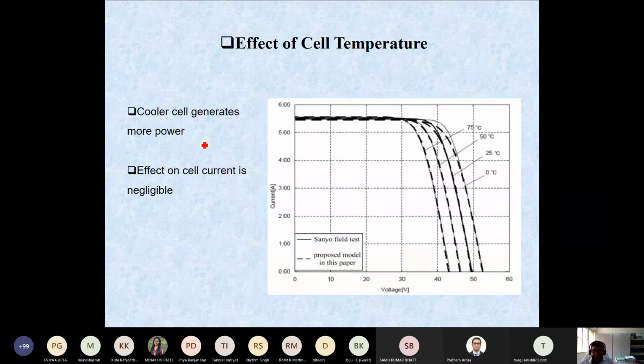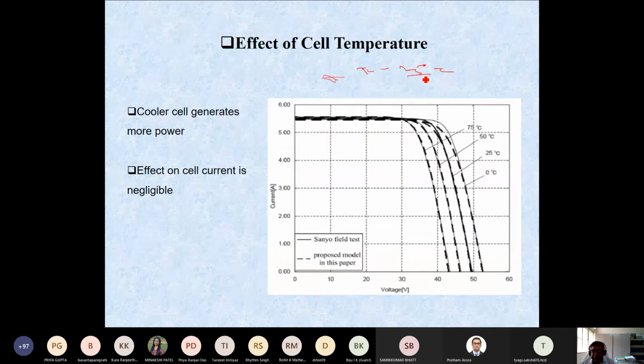The cell temperature also affects the output of the module. So what is that? It is found that the current slightly increases, which we consider negligible, as the temperature of the cell increases beyond 25 degrees centigrade.